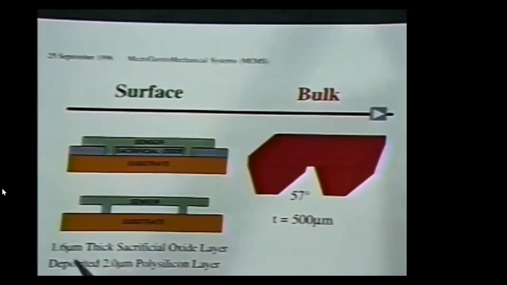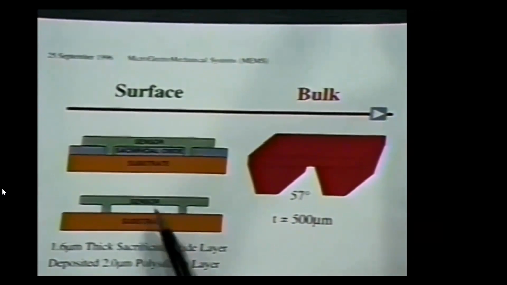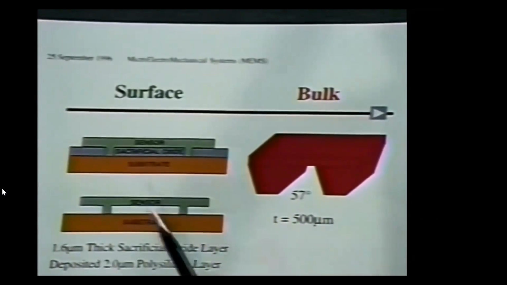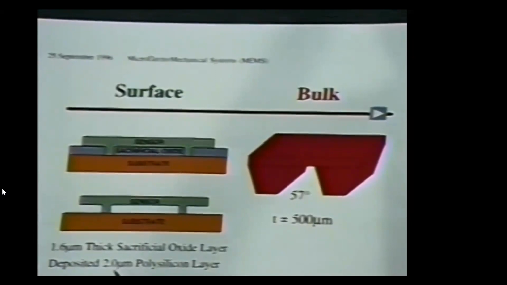We used a 1.6 micron sacrificial oxide and a 2 micron thick sensor polysilicon layer. So the characteristic dimensions are on the order of 2 microns. Very small structures of that order can be made, although larger structures can be made as well.